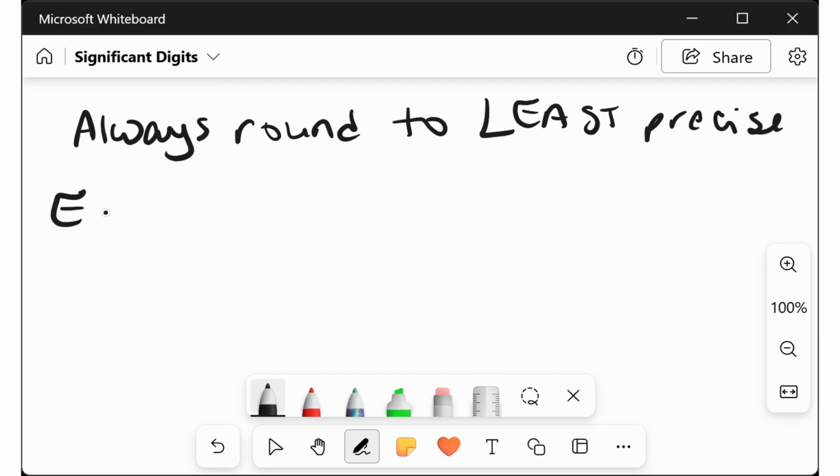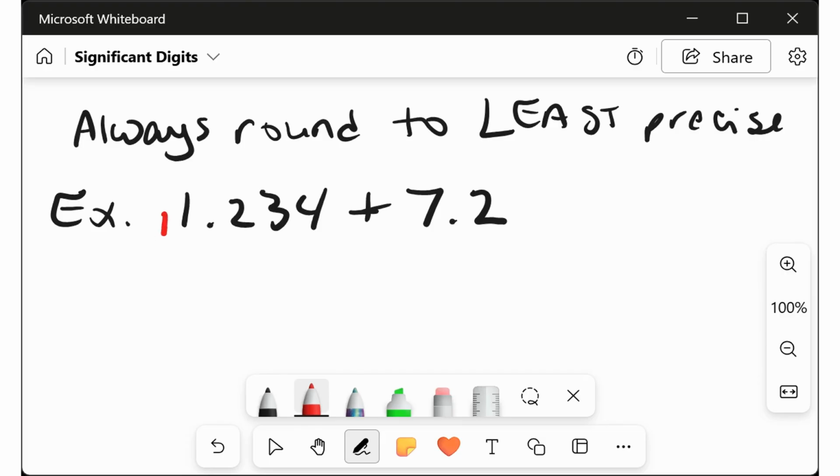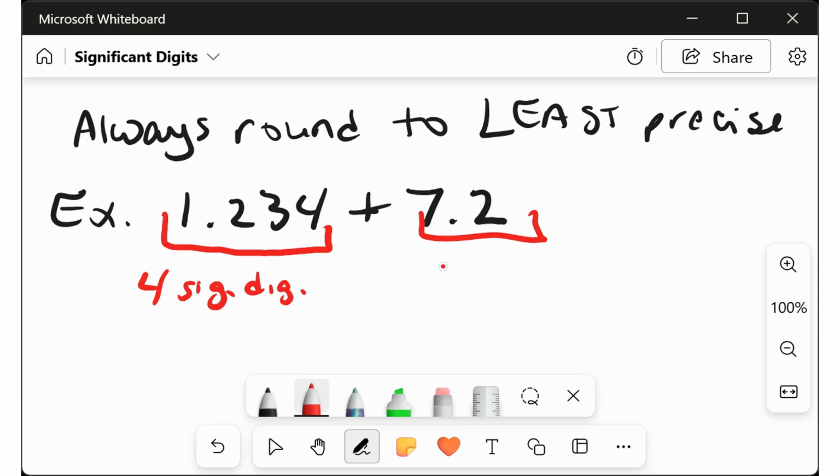So, for example, let's say that we have 1.234 plus 7.2. Okay. Well, this one here has four significant digits. This one has two.